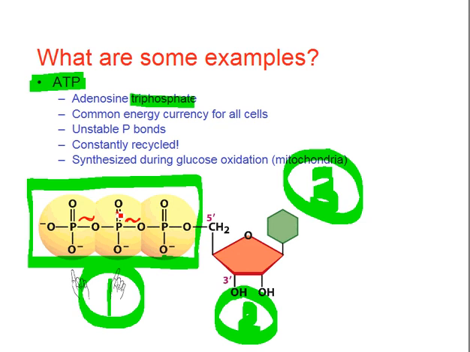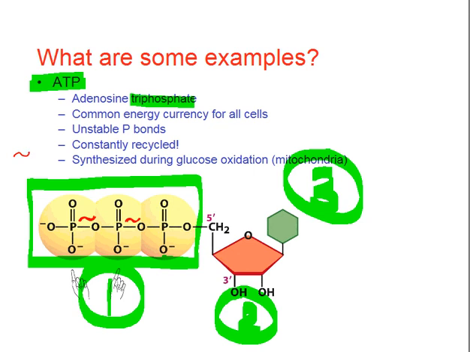I'm using this wavy red line to indicate that. Anytime you see a wavy line like that, it looks almost like the tilde that appears over an N in the Spanish language, that represents a highly unstable bond that can break apart very readily. And when chemical bonds break apart, energy is released, and we can use that energy inside of a cell to perform work for the cell.